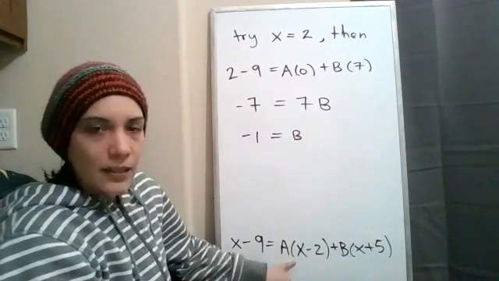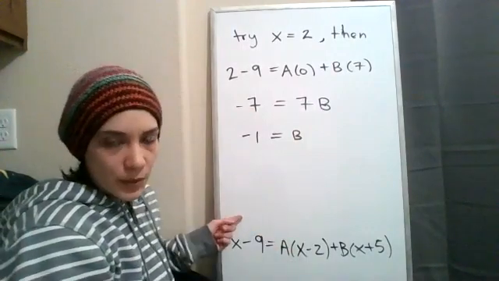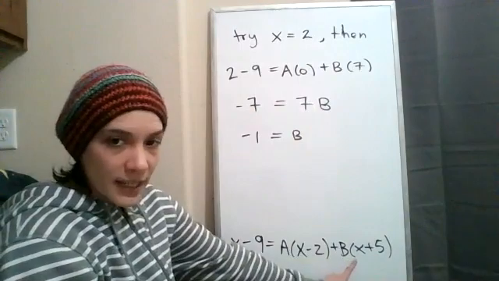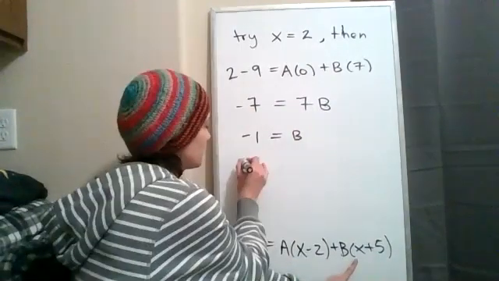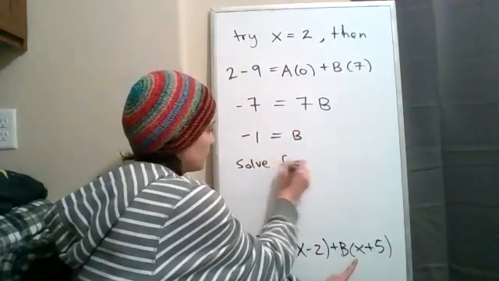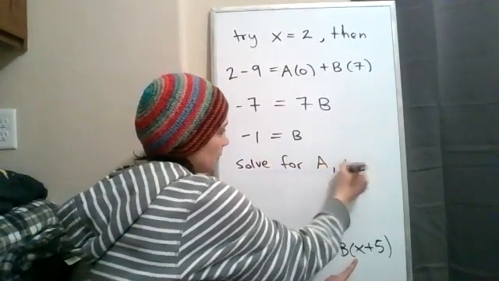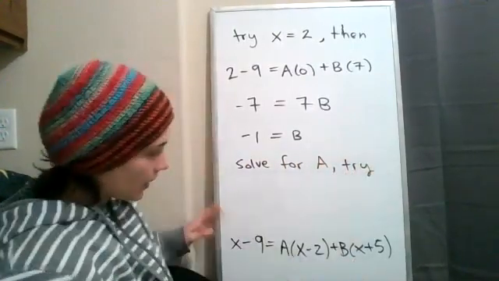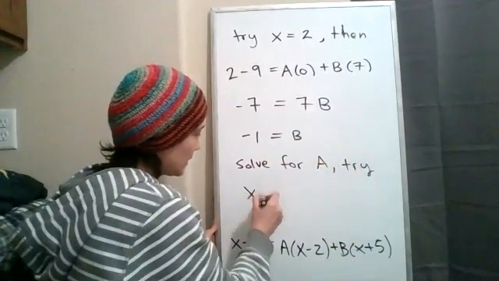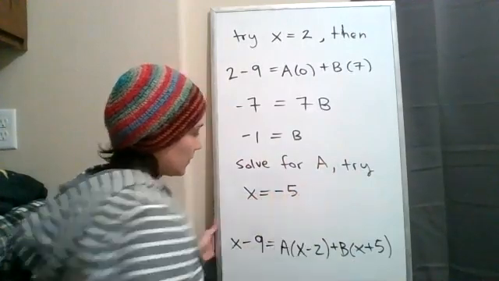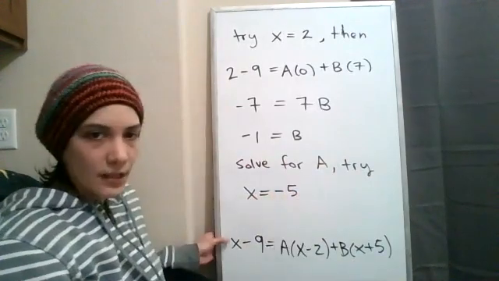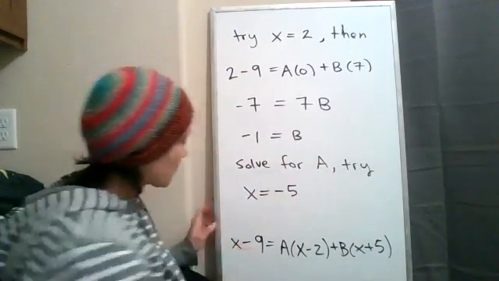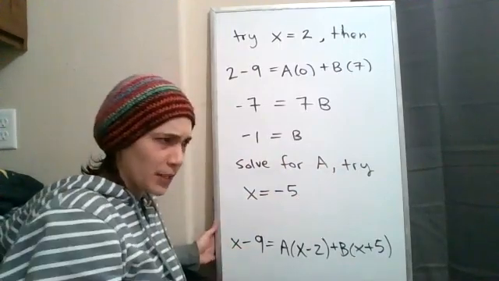I want to find a. So any number for x would work, but let's try negative 5. I'm going to give negative 5 a try. So negative 5 minus 9 is negative 14.